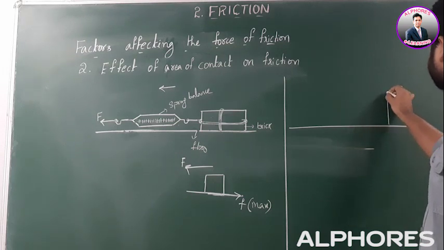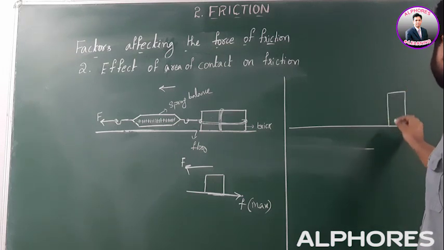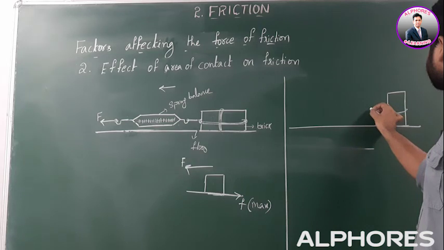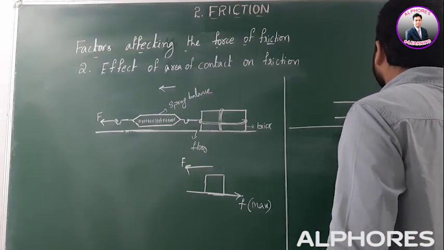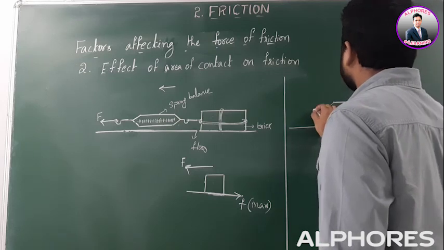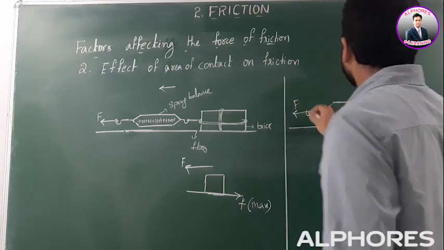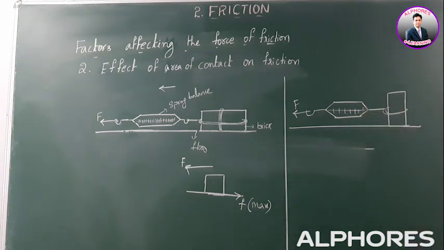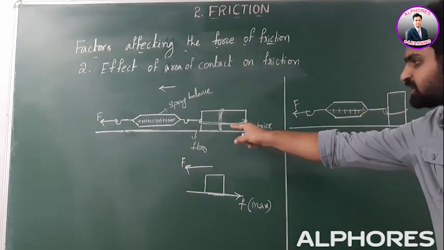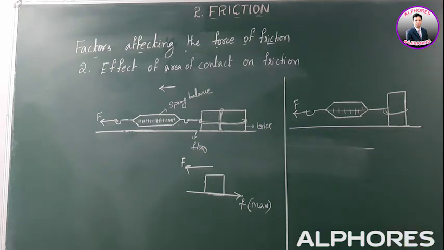Let's say the brick is kept in an upright position. Now here it is like this. You can see here the second case. In the first case, the brick is kept in a horizontal position on this floor. In the second case, the brick is kept in an upright, erect position on this floor.